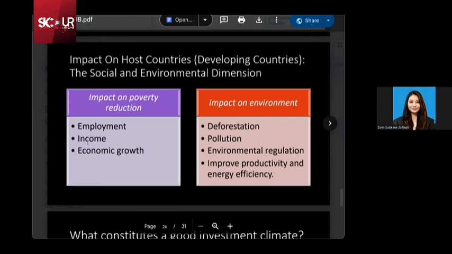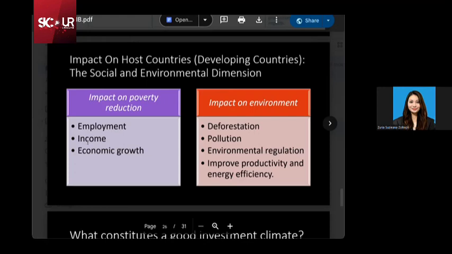For example, FDI opens up a lot of jobs. So in terms of employment, it is like a chain effect, right? A lot of employment, so a lot of local people can work. When they work, they get income, and when they get income, they can improve their standard of living.